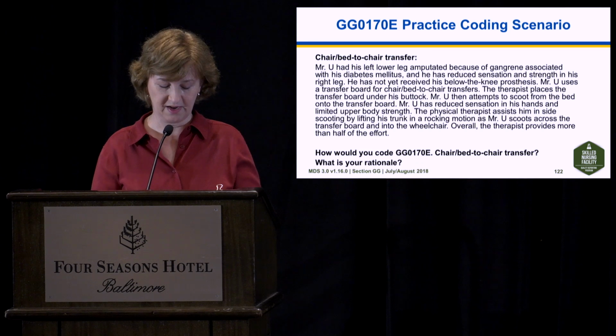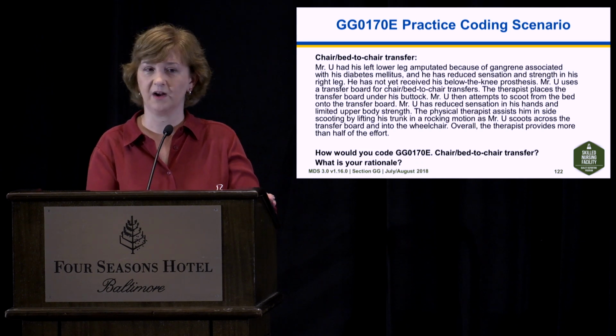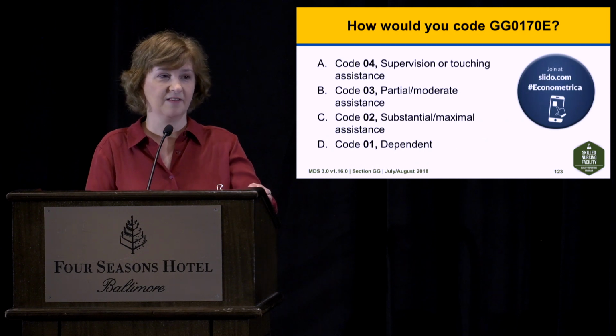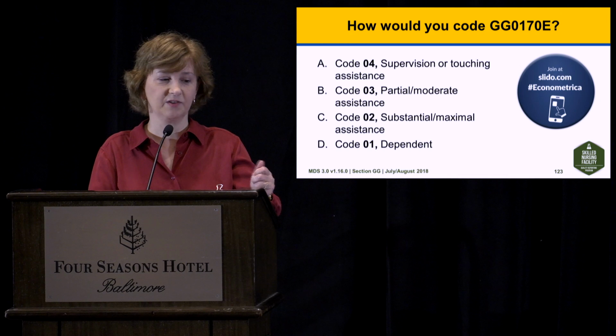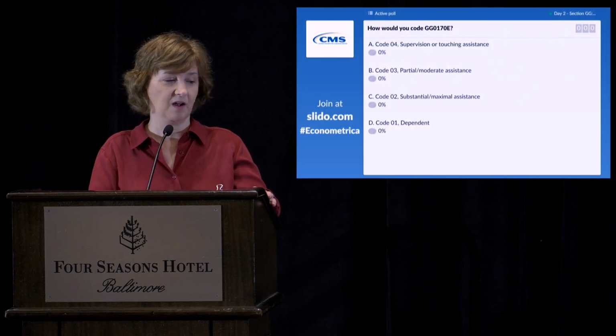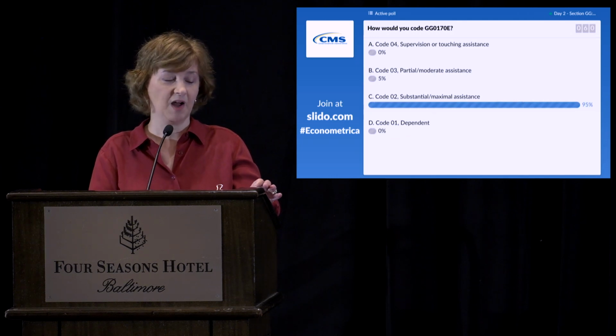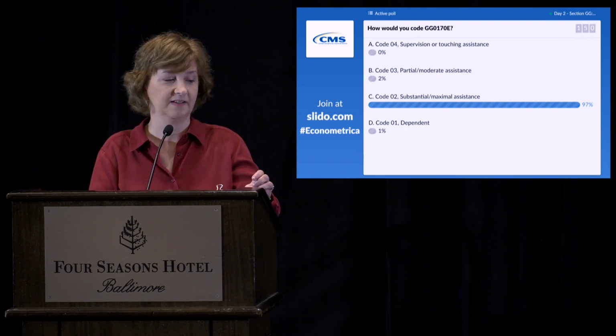You would code 1 if the resident was not providing any of the effort or if 2 or more helpers were assisting with the activity. So the options for coding, if you can enter those into your phone or computer in Slido, the options are 4, supervision touching assistance, 3, partial moderate assistance, 2, substantial maximal assistance, and 1, dependent.